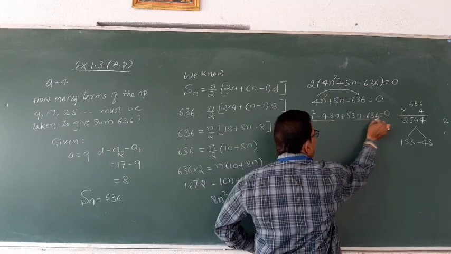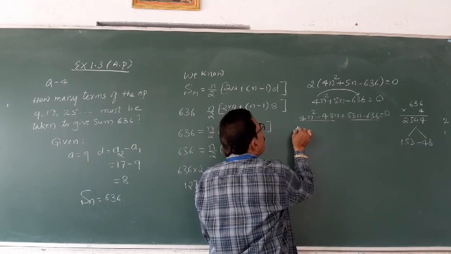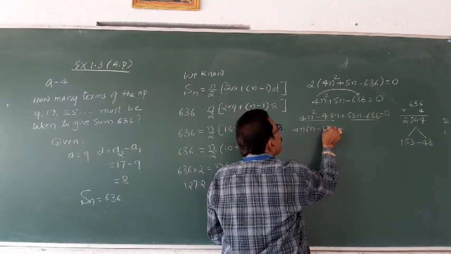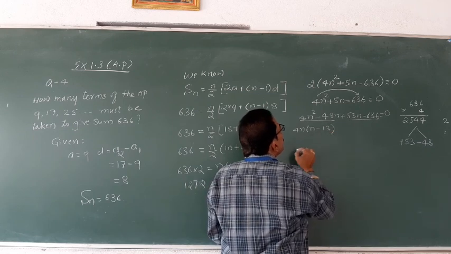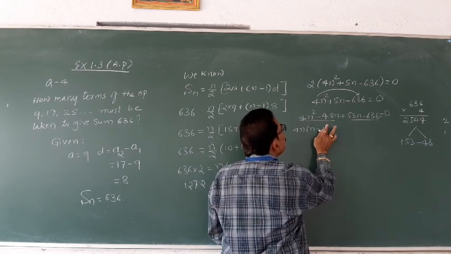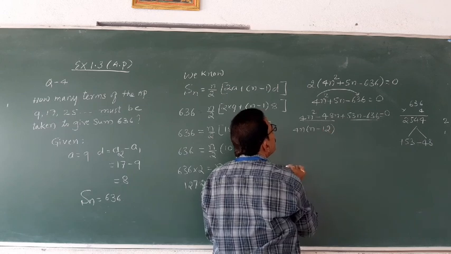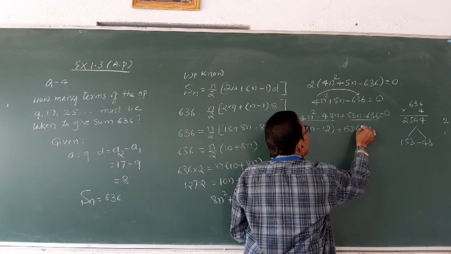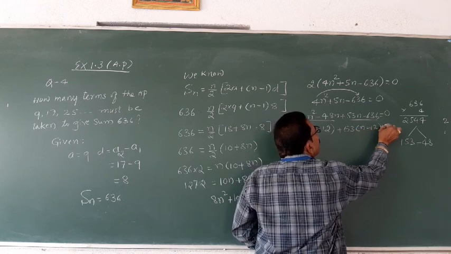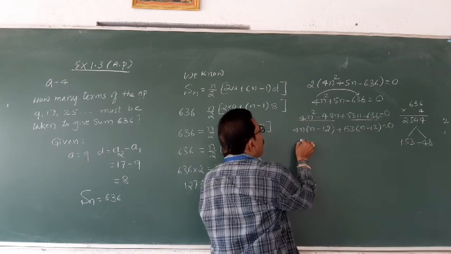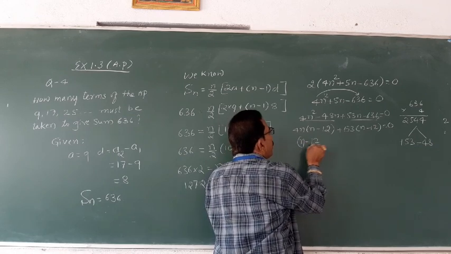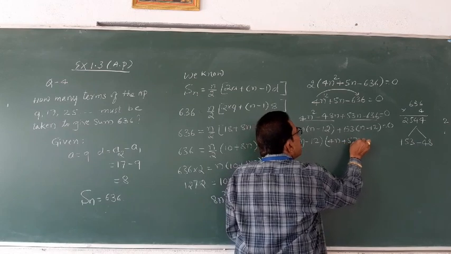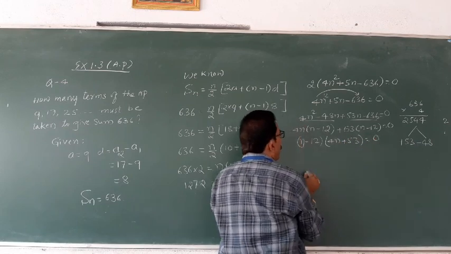Okay, let us set the common terms. 4n is common: 4n into (n minus 12), then plus 53 in the bracket (n minus 12), equals 0. n minus 12 is common, then the non-common terms 4n plus 53 equals 0.